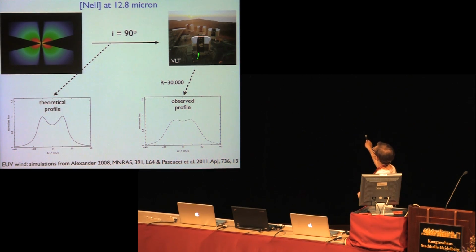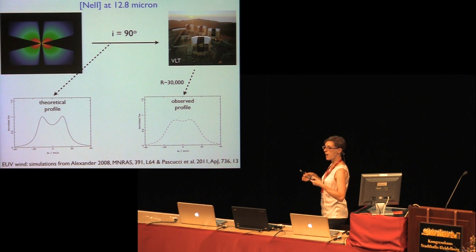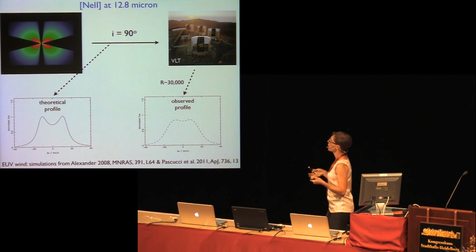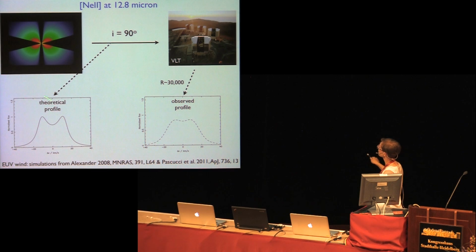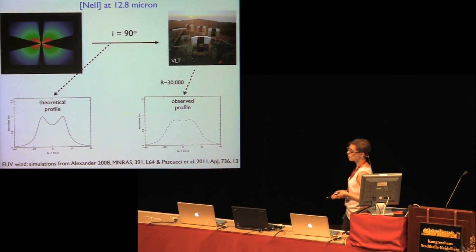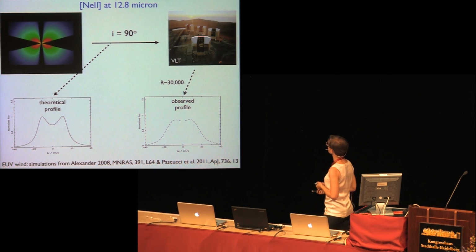Then imagine you would observe this disk with high spectral resolution, for instance using VISIR on the VLT, that has 10 km per second resolution, and this is the profile that you get by convolving the theoretical profile with the spectral resolution of your instrument.